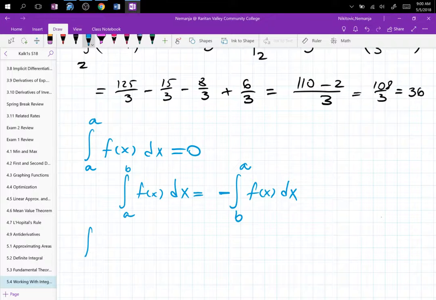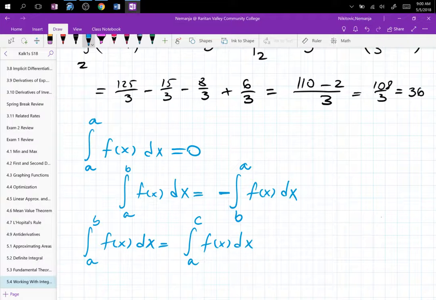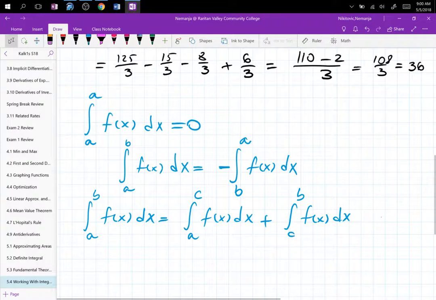And then the one that we already covered, a to b f of x dx, this is the one where you can interrupt your interval for integration with any number, and then just keep adding all of these together. So I can say a to b could be integral a to c f of x dx plus integral c to b f of x dx. You can interrupt as many times as you want.